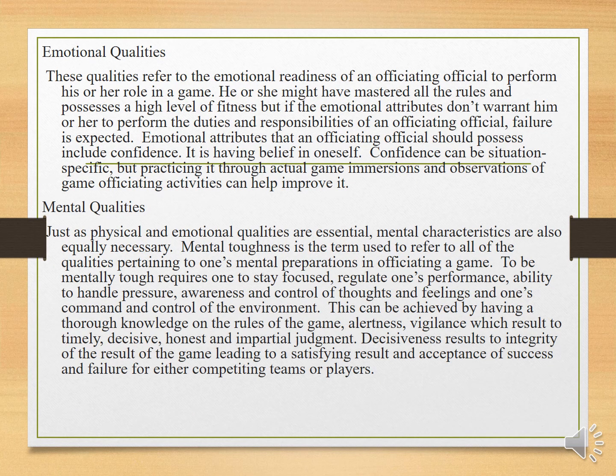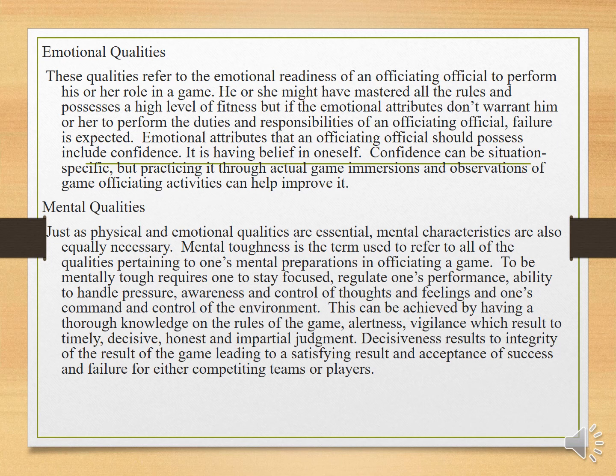Emotional qualities refer to the emotional readiness of an officiating official to perform his or her role in a game. He or she might have mastered all the roles and possessed a high level of fitness, but if the emotional attributes don't warrant him or her to perform the duties and responsibilities of an officiating official, failure is expected.